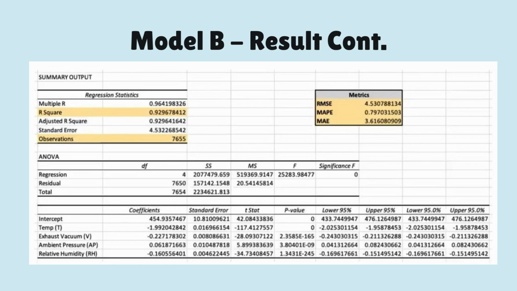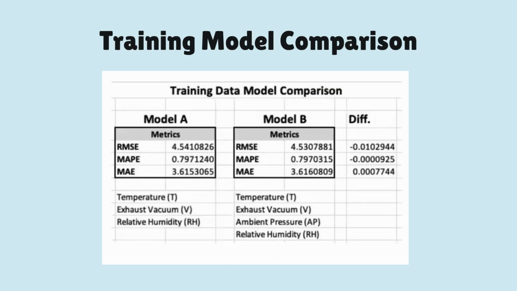My MAPE is 0.7, and my MAE is 3.161. Comparing the results of the two models, we see that model B has a very slight advantage over model A.